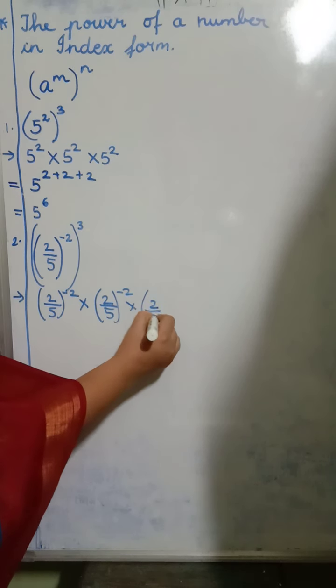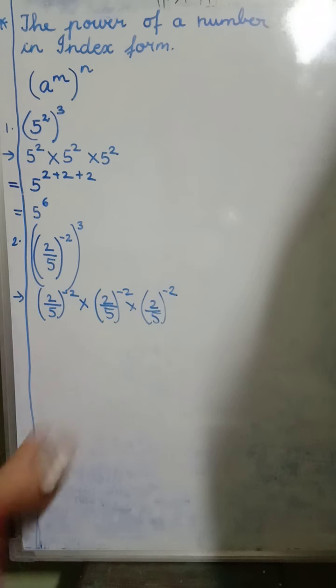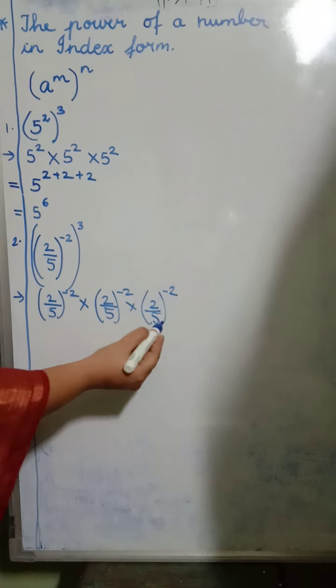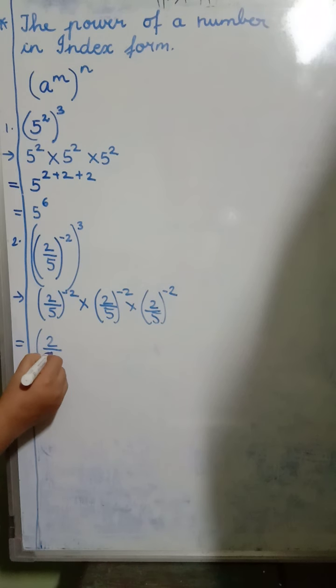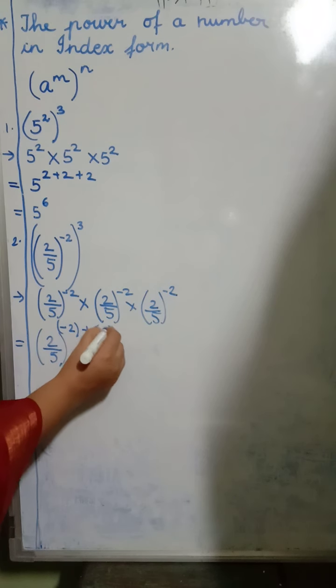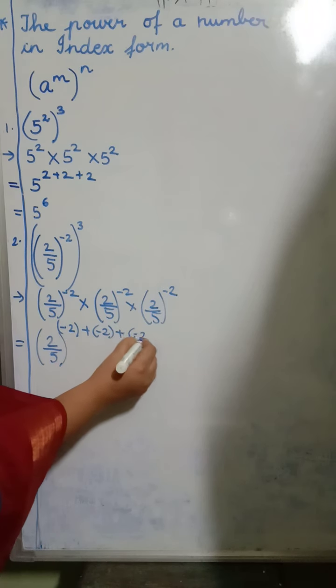Now again, is it multiplication of indices? The base is the same, so write down the base, that is 2 upon 5. Now we will add negative 2 plus negative 2 plus negative 2.